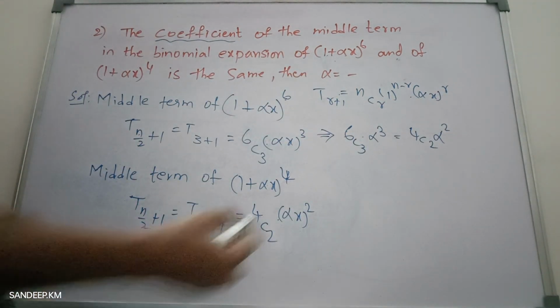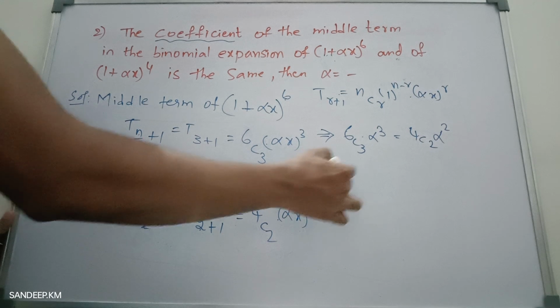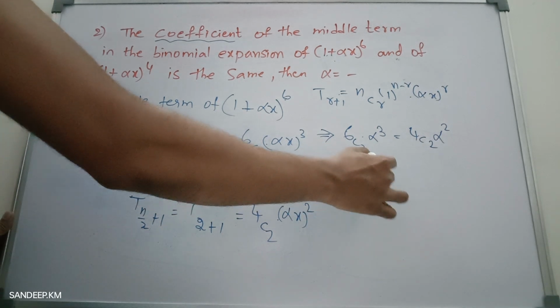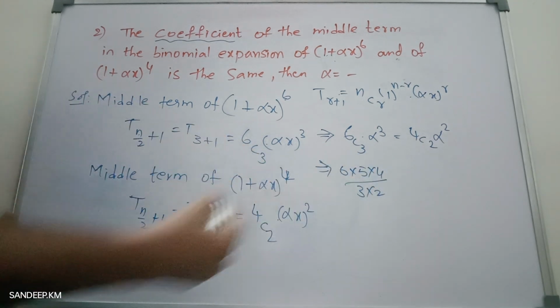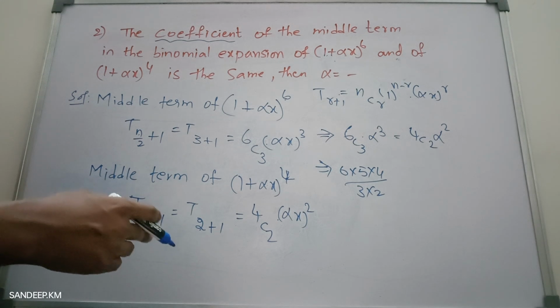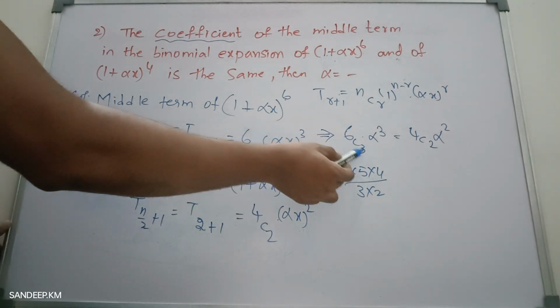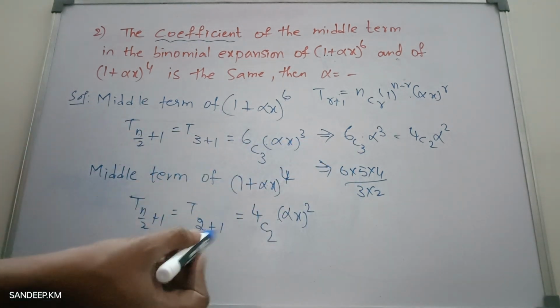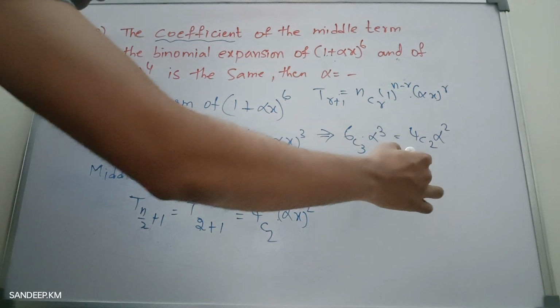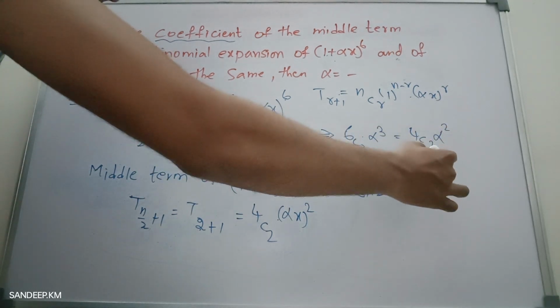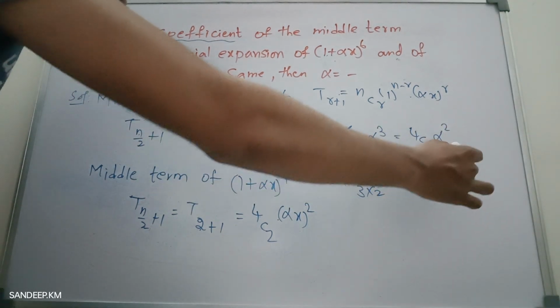And next, 6C3 value if you calculate, 6 into 5 into 4 by 3 into 2. In the previous videos of binomial theorem, I told you how to find 6C3 and also the shortcut. Please refer to it. So into alpha cube is equal to 4C2, which is 4 into 3 divided by 2, into alpha square.